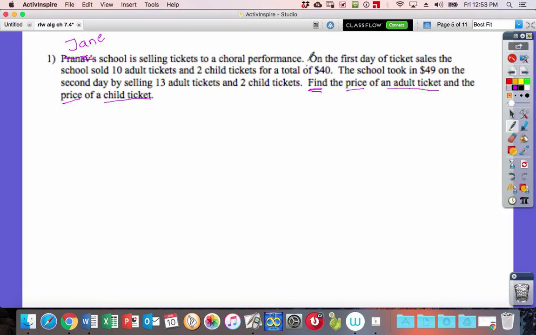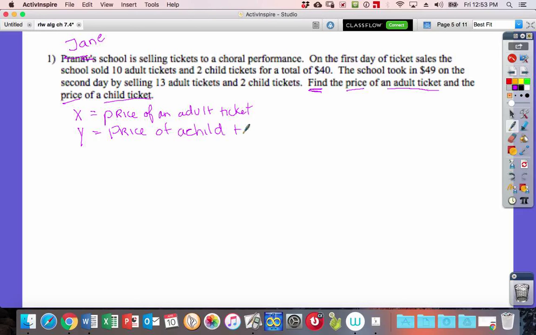Now remember, when I'm looking at that last line, those are probably my two variables. I could say x is going to be equal to the price of an adult ticket and y is going to equal the price of a child ticket.